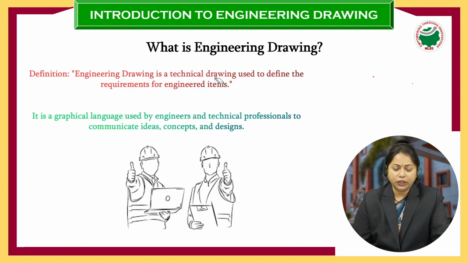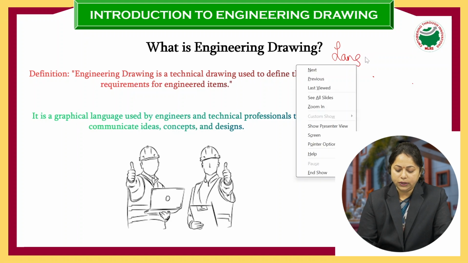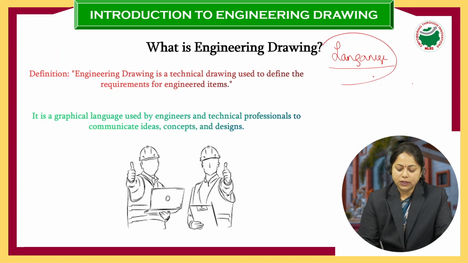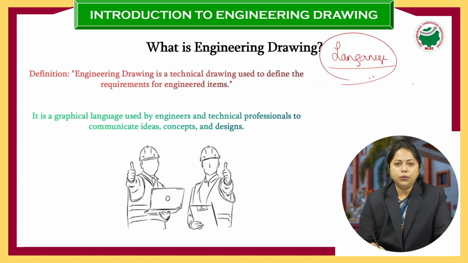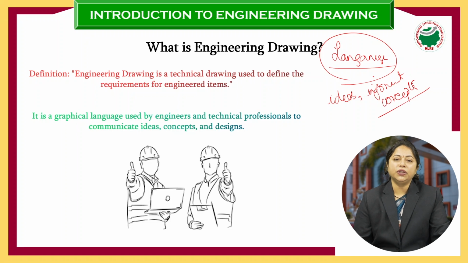There is another definition. We can say that engineering drawing is the language of all the engineers. So, what is this language? We use engineering drawing as a language to share ideas, information, or concepts related to engineering items.